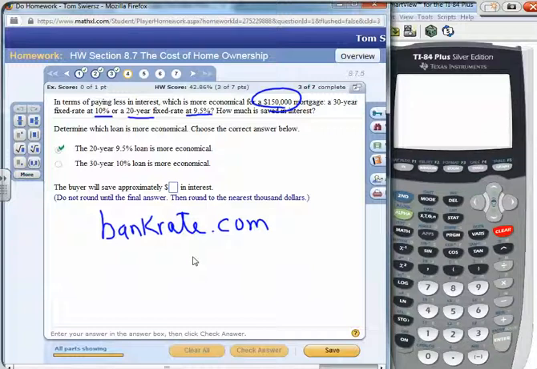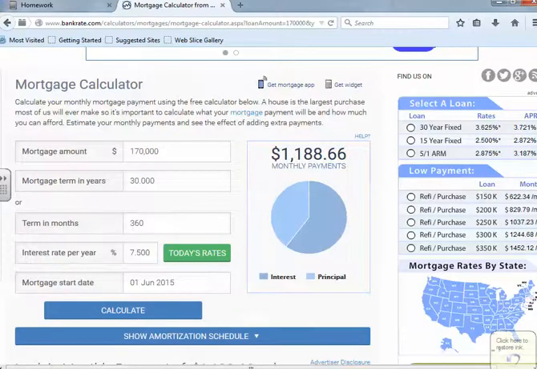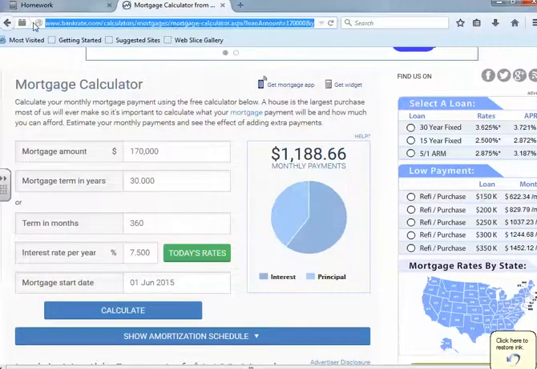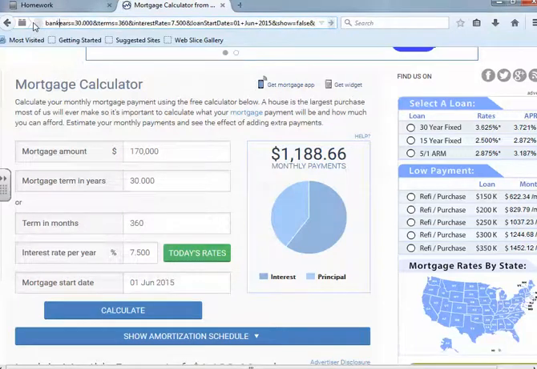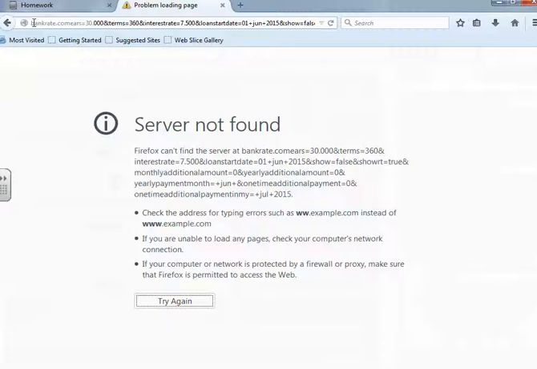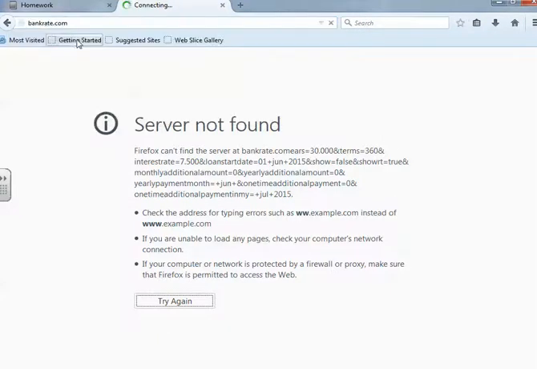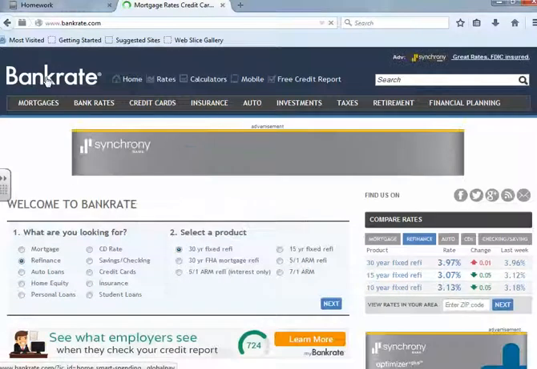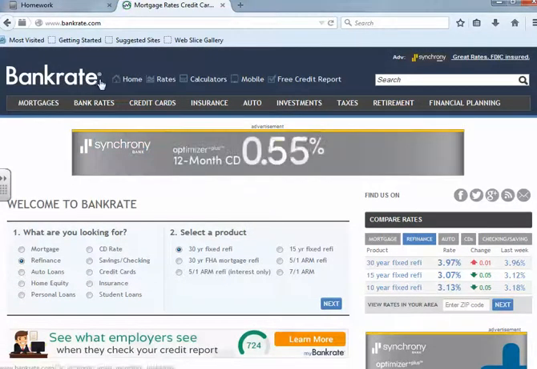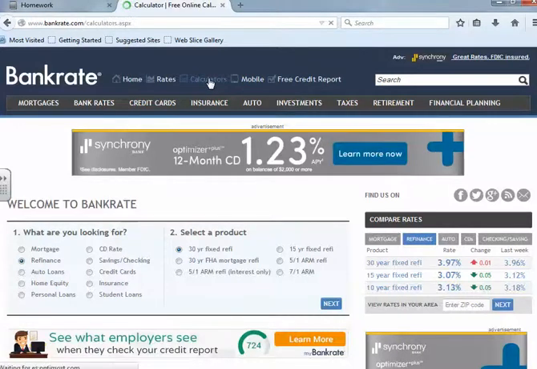Okay, so we'll go over to bankrate.com. If you don't have it open, go to bankrate.com and you get to the home page. Along the top, home, rates, calculators, click on calculators.